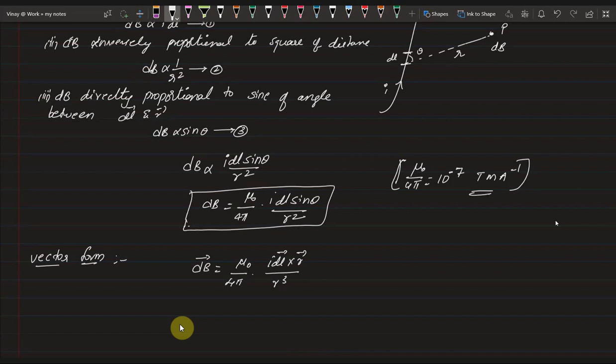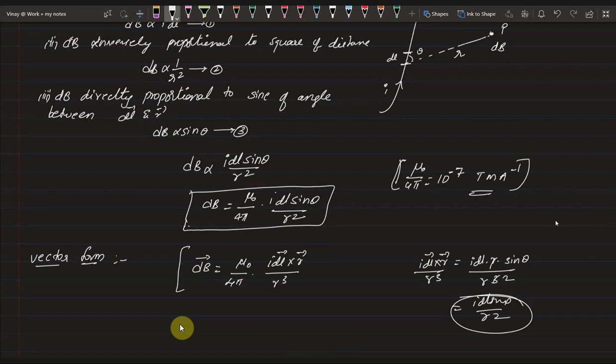Shall I write like this? Because the magnitude of I dl bar cross r bar is I dl into r into sine theta divided by r cube, meaning r cube and r square will get cancelled, then I dl sine theta divided by r square. Understood this point? So this is the vector form of Biot-Savart law.